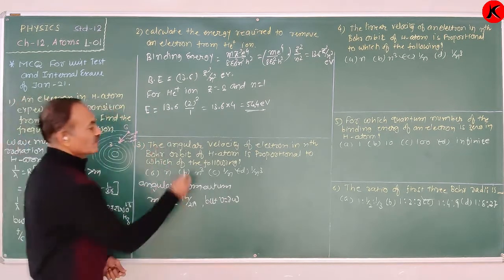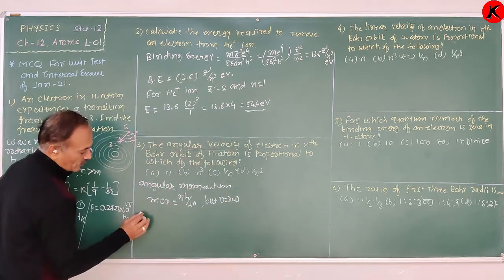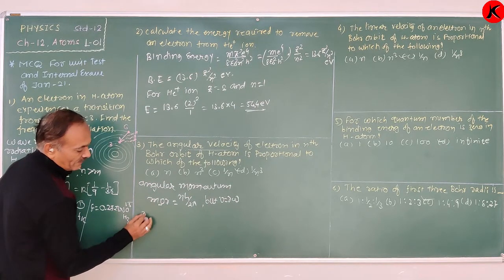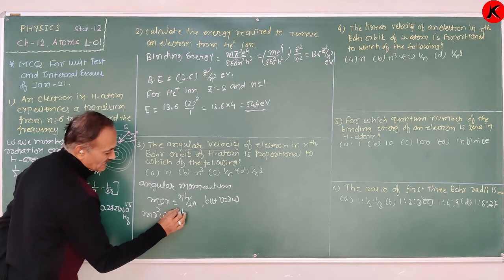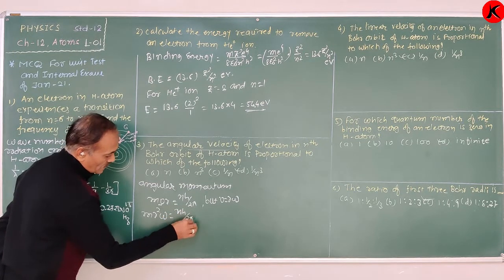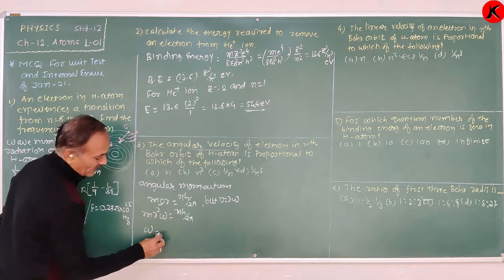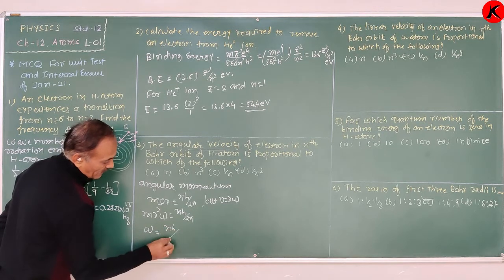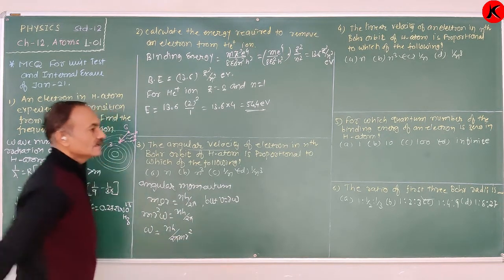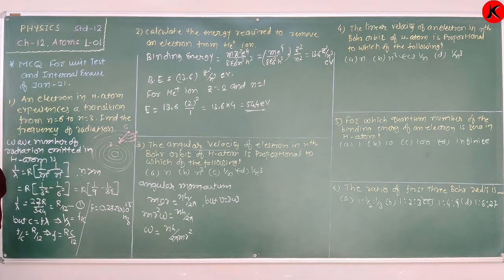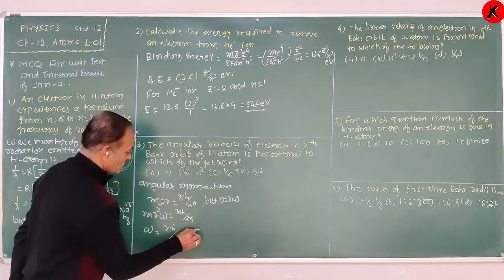We require the angular velocity. Therefore, substitute here: m r square omega is equal to nh upon 2 pi. Therefore, omega is equal to nh upon 2 pi m r square. That is our equation 1.